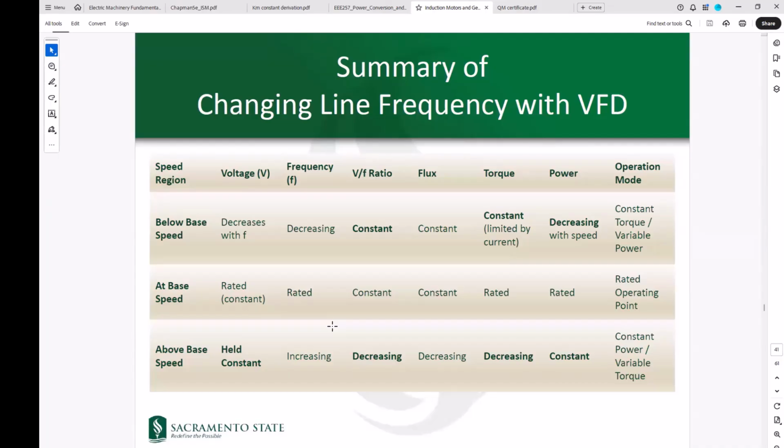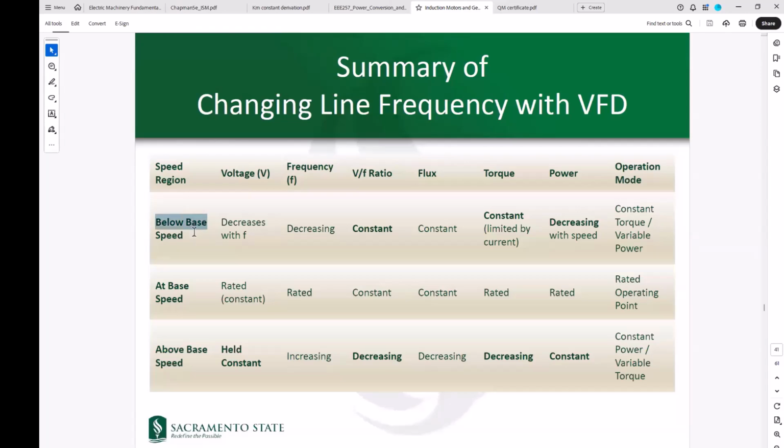Here, the table is a summary of changing line frequency with VFDs. There are different columns: speed region, voltage, frequency, V/F ratio, flux, torque, power, operating mode. So when you are below the base speed, at the base speed, and above the base speed. This is giving you the summary of what we were saying.